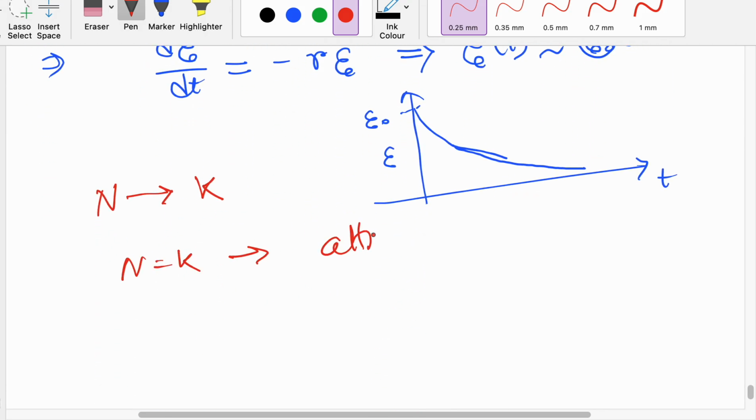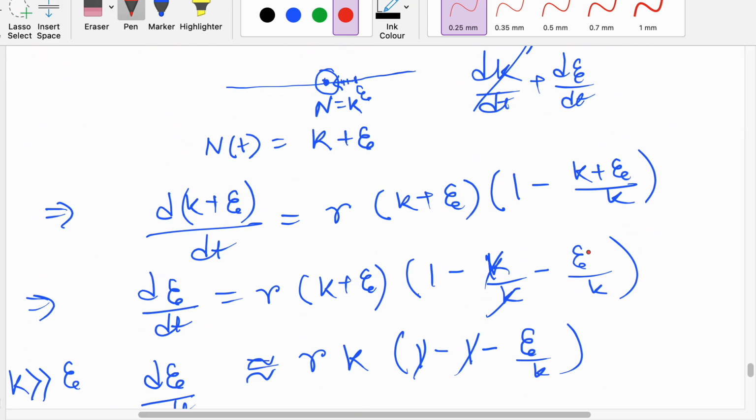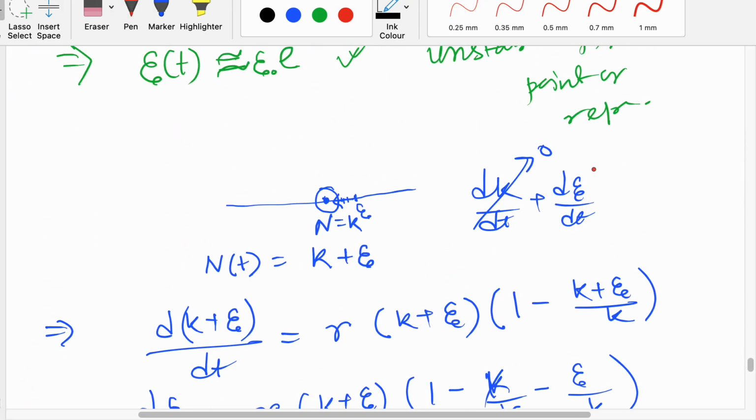It is not repelling, it is an attracting fixed point, or it is called a stable fixed point. Now we see that if we start from anywhere, if my initial population size is anywhere between 0 and K, my final state will always go closer to N equal to K, and it will always be repelled by the N equal to 0 state.